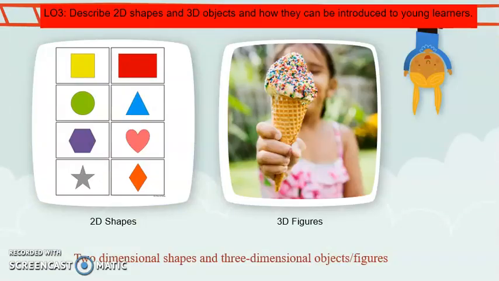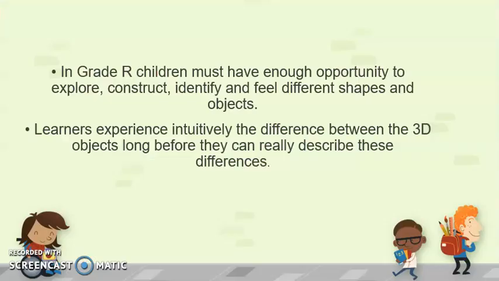How to describe 2D shapes and 3D objects and how they can be introduced to young learners. Shape refers to two-dimensional shapes and three-dimensional objects or figures. In grade R, learners must be provided with ample activities to explore, construct, identify, and feel different shapes and objects.